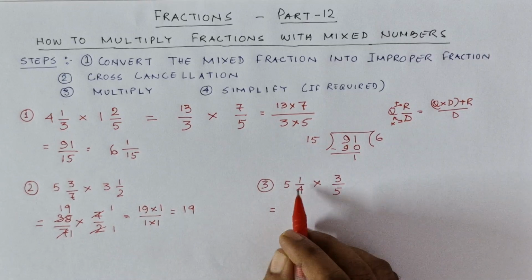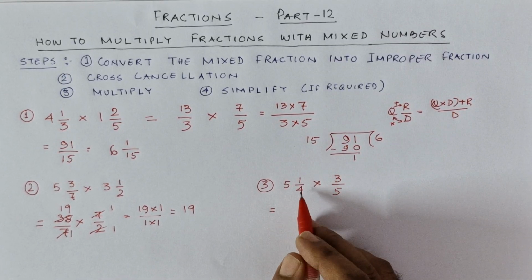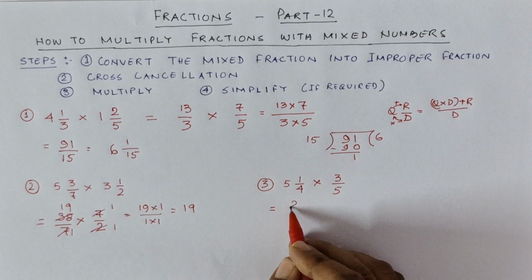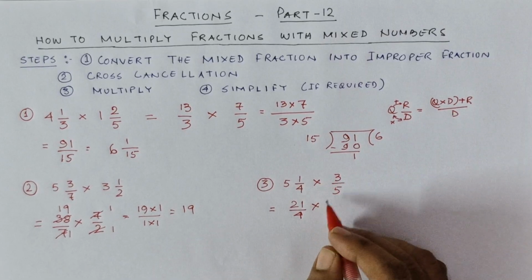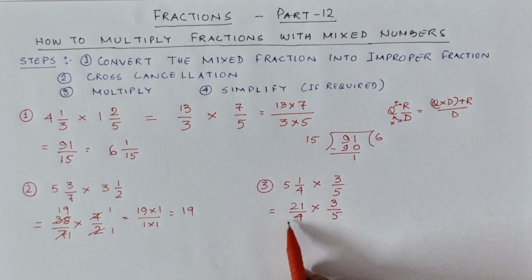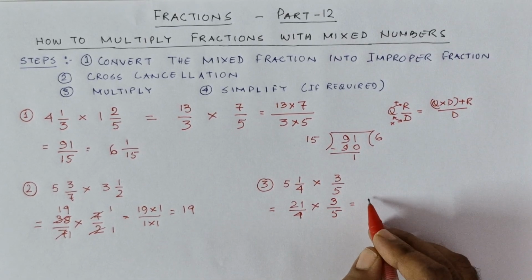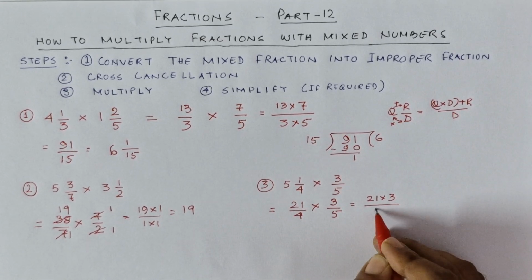So first of all, convert this mixed fraction into an improper fraction. So 5 multiplied by 4 is 20 plus 1 is 21. So 21 by 4. Keep this proper fraction as it is. Now see whether there is any scope of cross cancellation. No. So go ahead and multiply the numerators and the denominators.